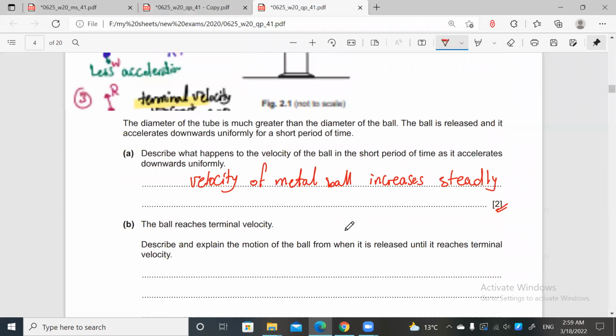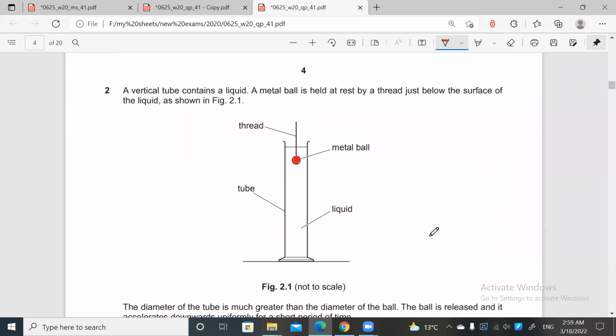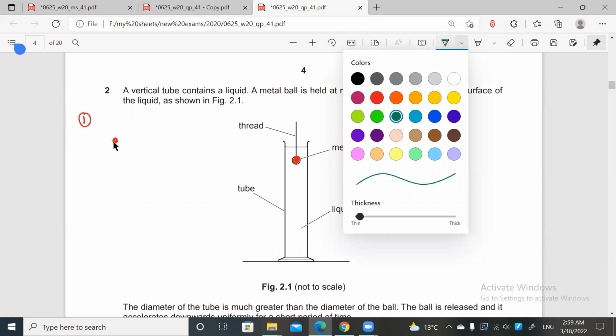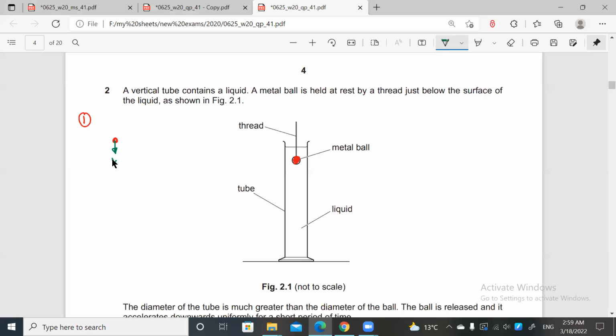Let's return to the diagram to understand what's happening when the metal ball is immersed inside the tube. At the very beginning, the metal ball goes down under the effect of its weight. As the metal ball goes down through the liquid, there is another force acting upward, which is the resistive force.